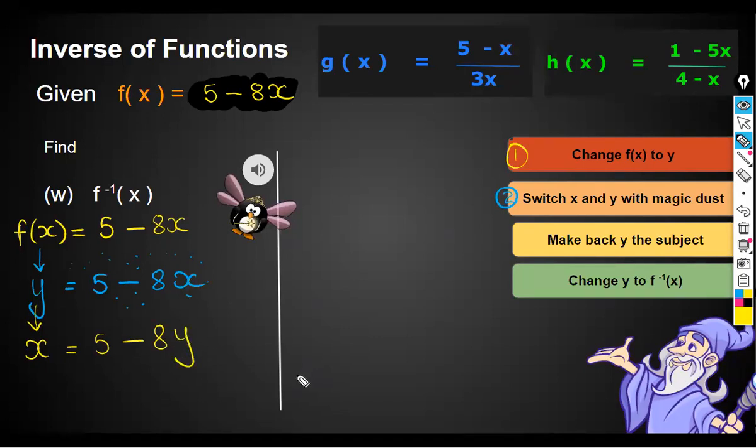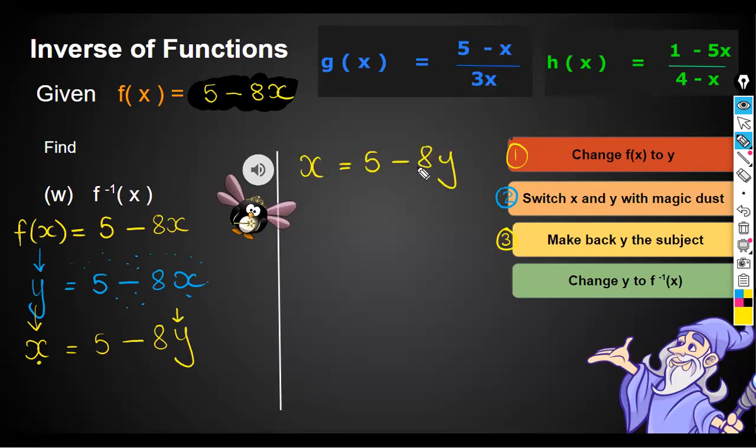How many people got up to there? Like you're good so far. Right, good so far. So now we have to make y the subject. You notice x is the subject, but we want to make y the subject. So let's begin to, let me write it back up here.